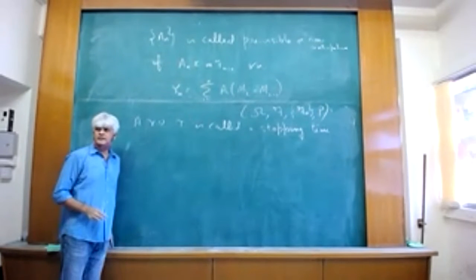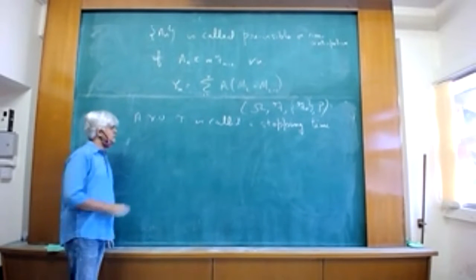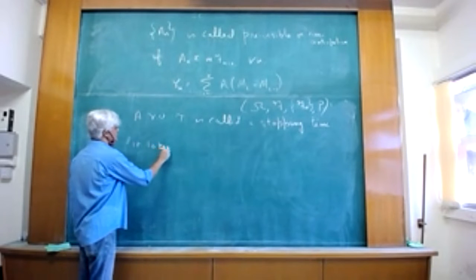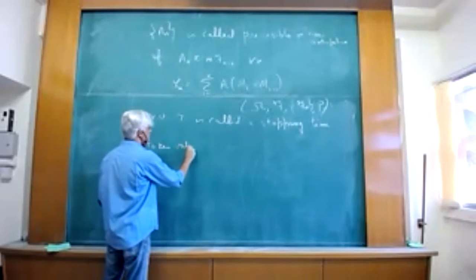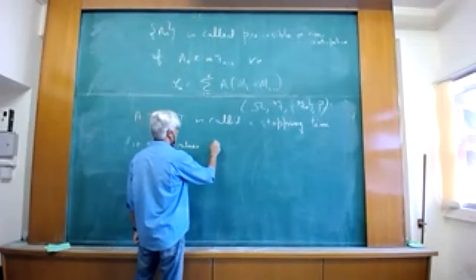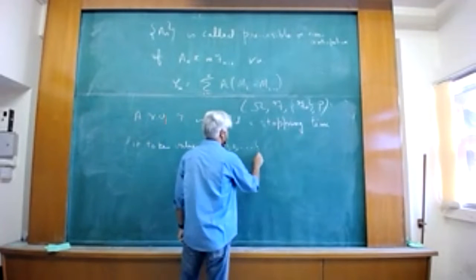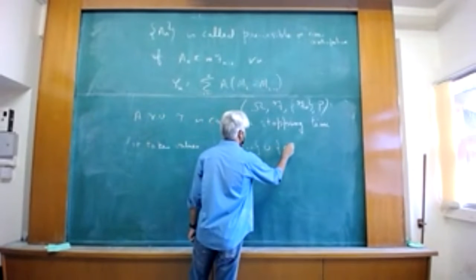Tau takes positive integer values 0, 1, 2, and you also allow for plus infinity.